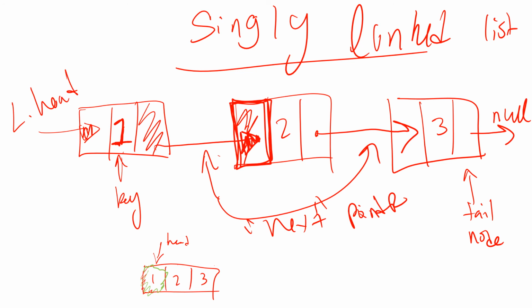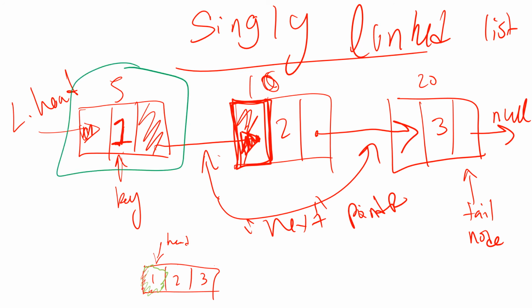This thing is out in memory somewhere. Notice these are not contiguous memory locations, right? This could be memory location 5, and that could be 10, and that could be 20. I'm making numbers up. So I'm given memory location 5, so I know where to go in memory to get that. I say, hey, go to memory location 5, and that's going to take me to this.